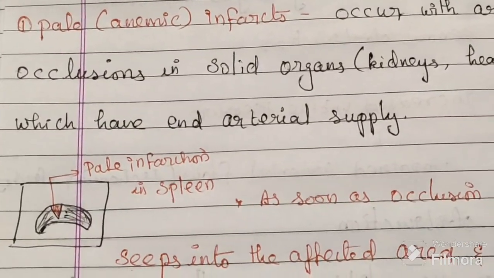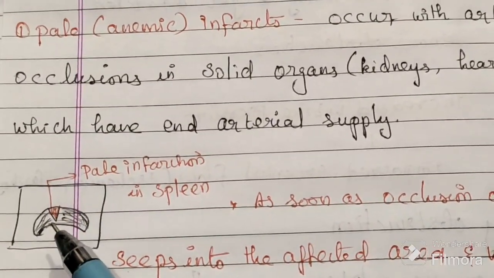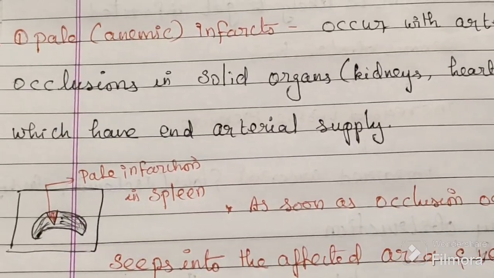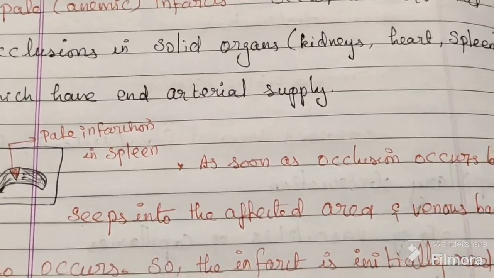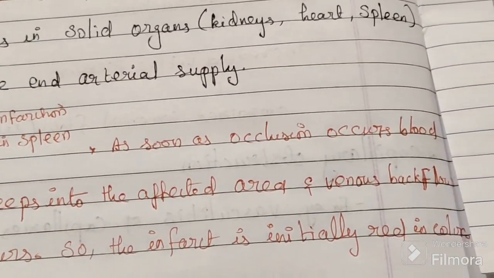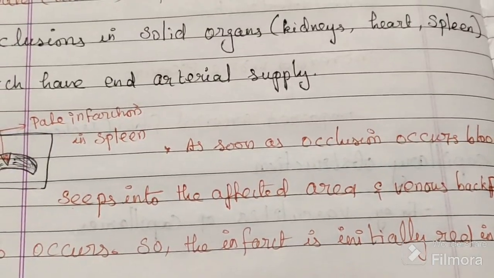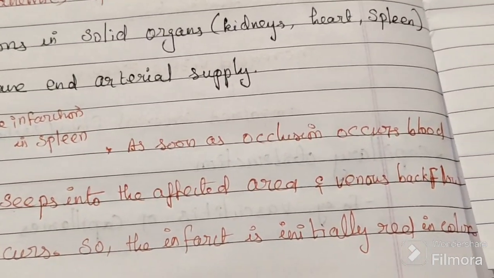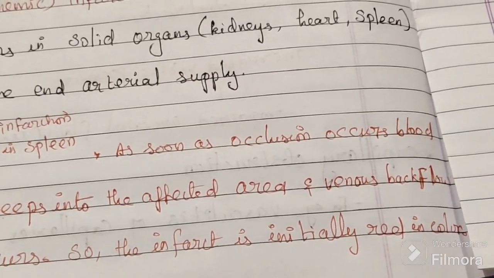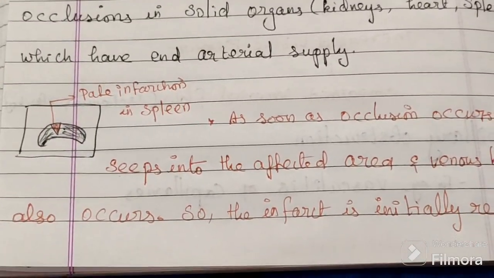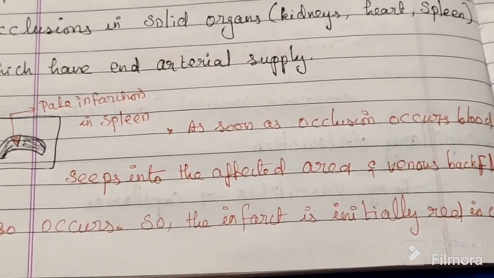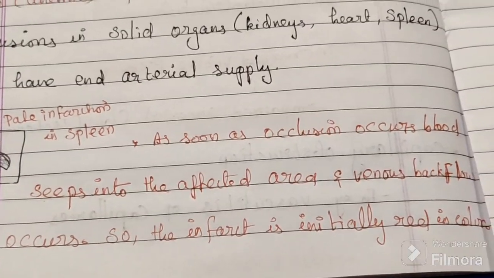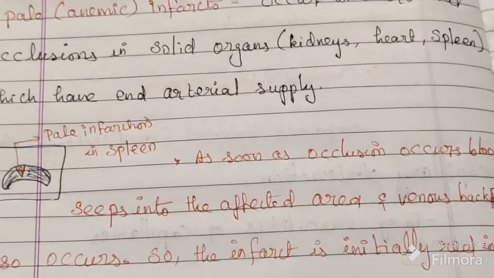So here the infarcted area is pale in color, a pale infarction in the spleen. As soon as occlusion occurs, blood seeps into the affected area and venous backflow also occurs, so the infarct is initially red in color.